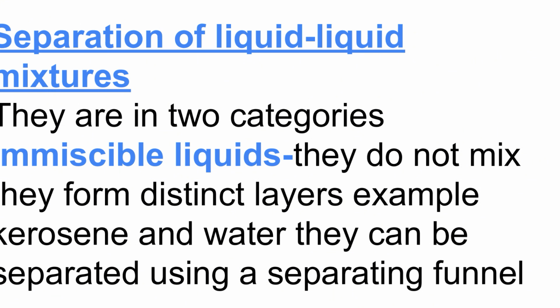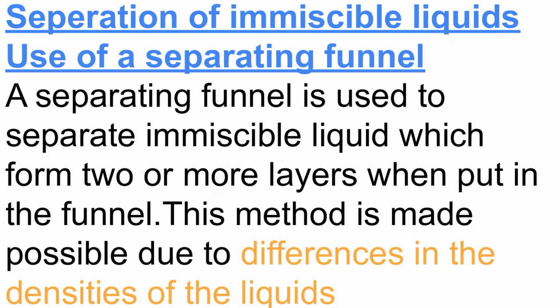Now, they will form two layers, of course, and they can be separated using a separating funnel. Separation of immiscible liquids using a separating funnel. A separating funnel is used to separate immiscible liquids which form two or more layers when put in a funnel.